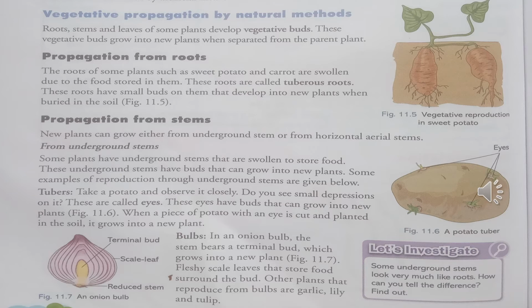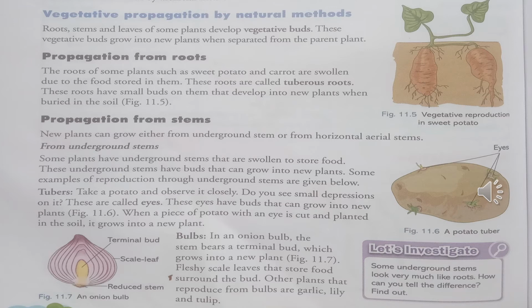Number 1, tubers. Potato: if you observe closely, you can see small depressions on it. We call them eyes. These eyes have buds and can grow into new plants.